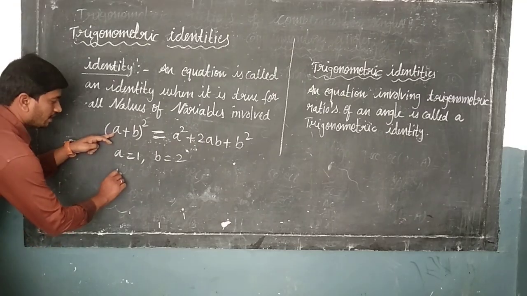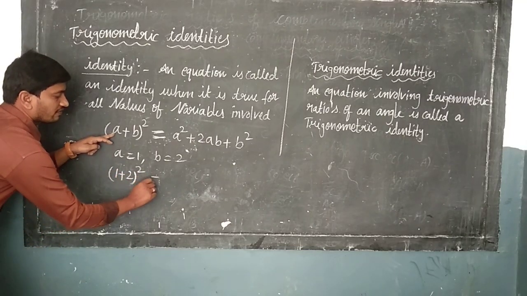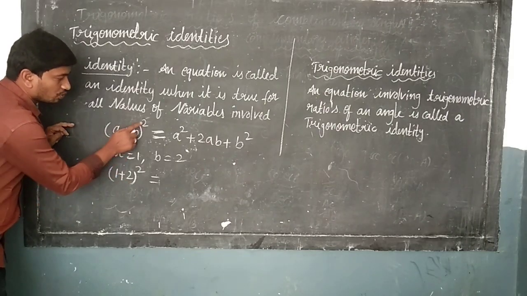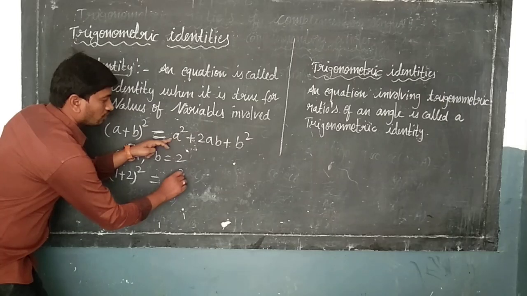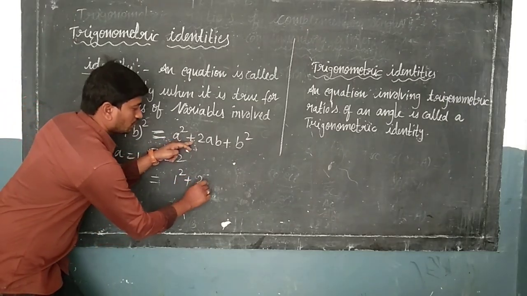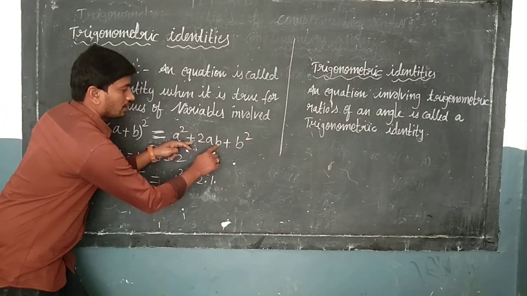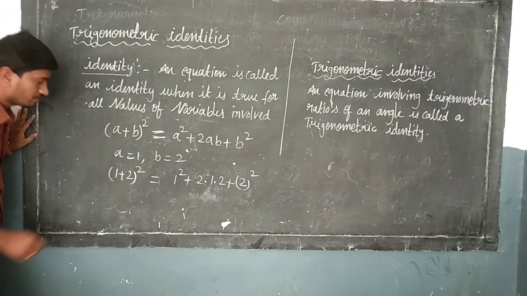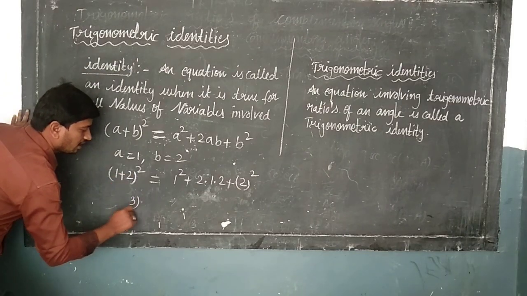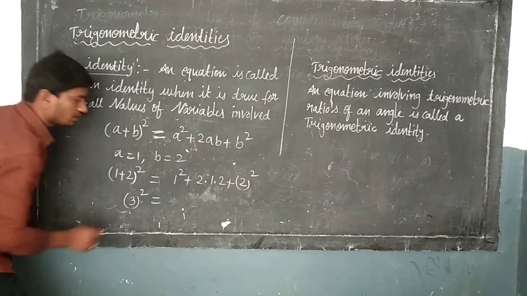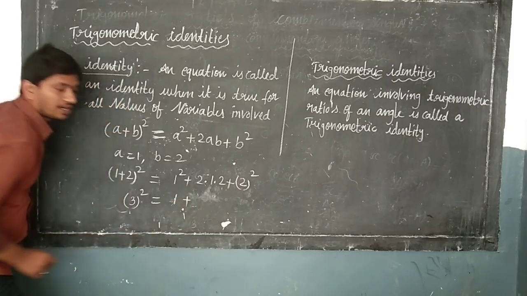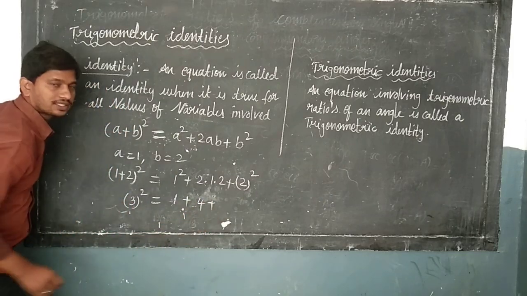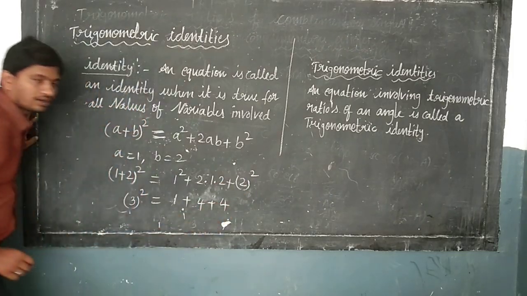I mean (1 plus 2) whole square, in place of a, 1, in place of b, 2, equal to 1 square plus 2 into a value 1, b value 2, plus b square, meaning 2 square. 1 plus 2 is 3, 3 square equal to 1 square, 1, 2 into 1 into 2, 2 twos are 4, plus 2 square, 2 square is nothing but 4.